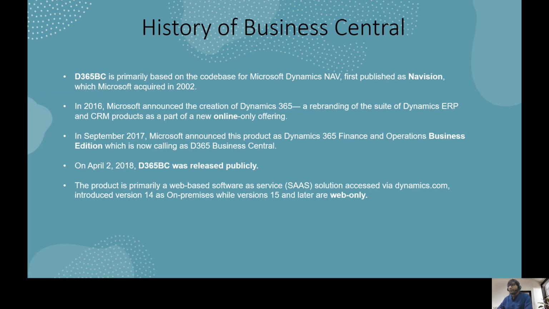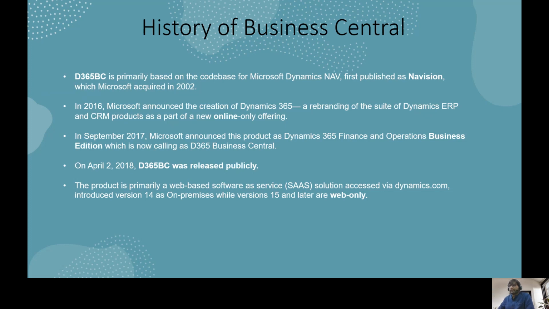In 2002, Microsoft acquired Dynamics Navision, which was called Dynamics NAV, and in 2016, Microsoft announced the creation of D365 and rebranded this ERP as Business Central. In 2017, it was called Finance and Operations Business Edition. Microsoft introduced Business Central as the Business Edition, and FNO, meaning AX, as the Enterprise Edition.